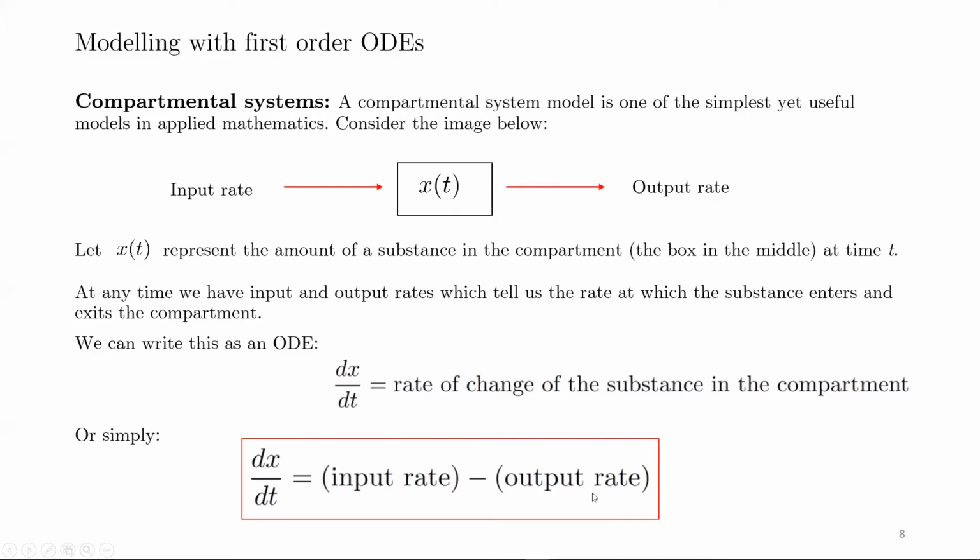If the input rate was exactly matched to the output rate, for example, dx by dt would be 0, and the amount of substance or pollution in this compartment would be constant. But if the input rate of a substance into the compartment was less than the output rate, then dx by dt would be negative, and therefore the amount of substance in the compartment would be decreasing.